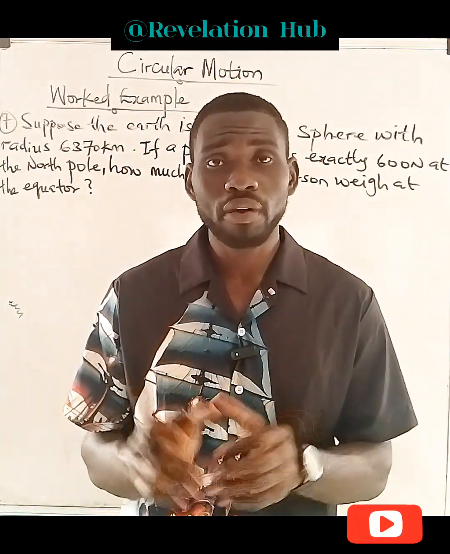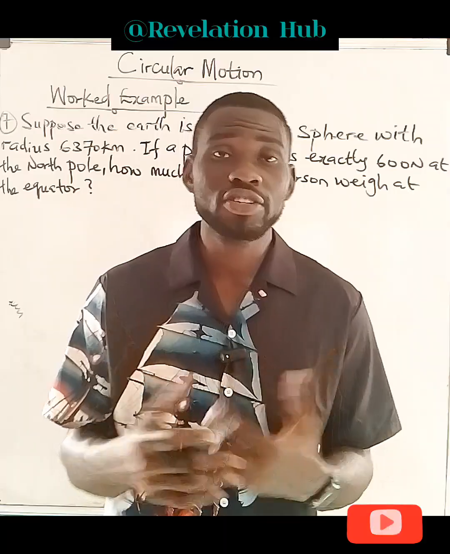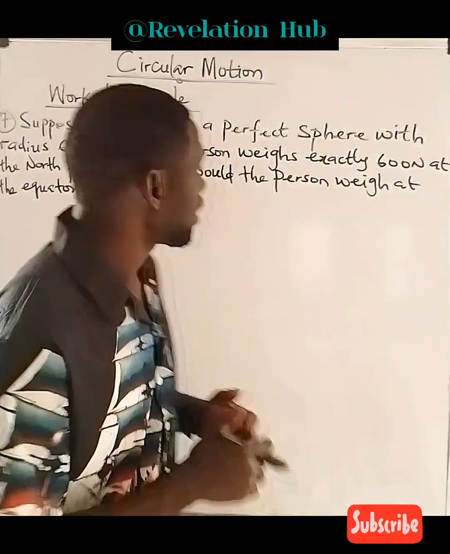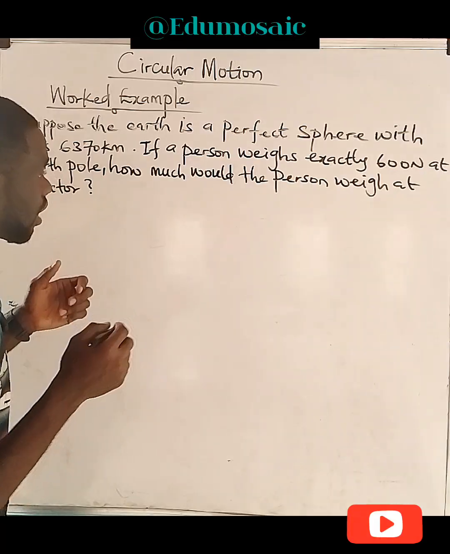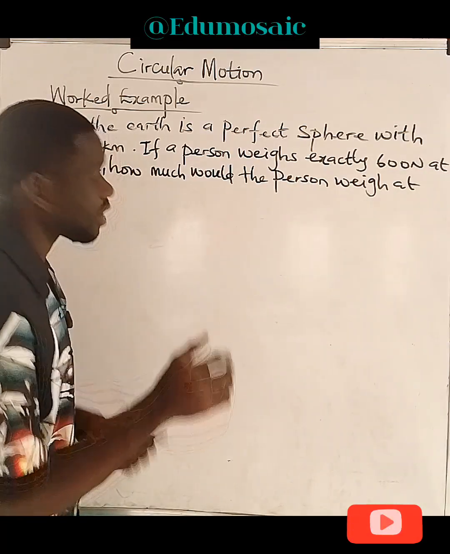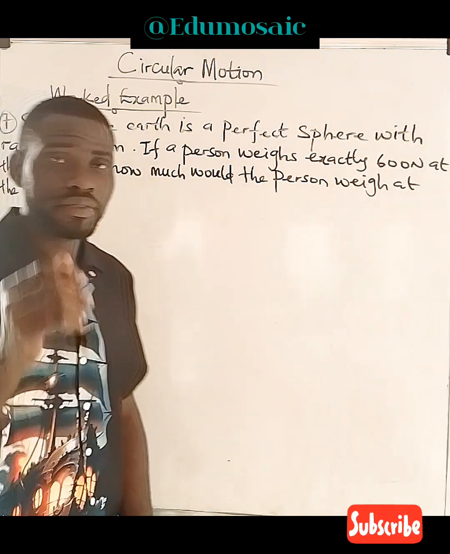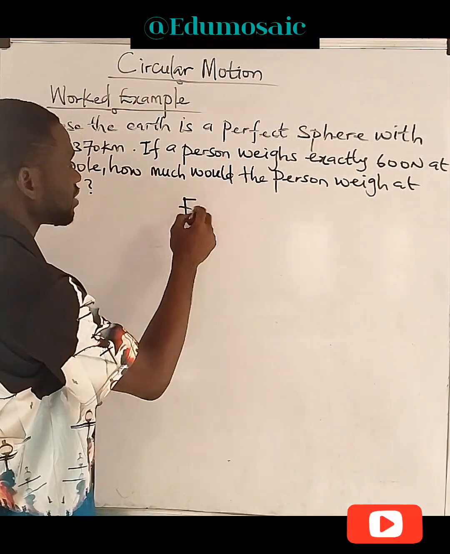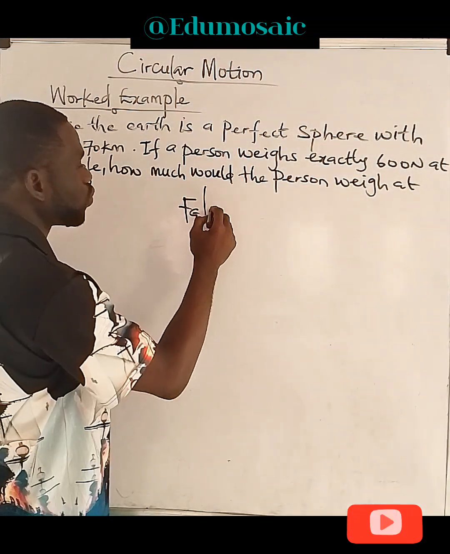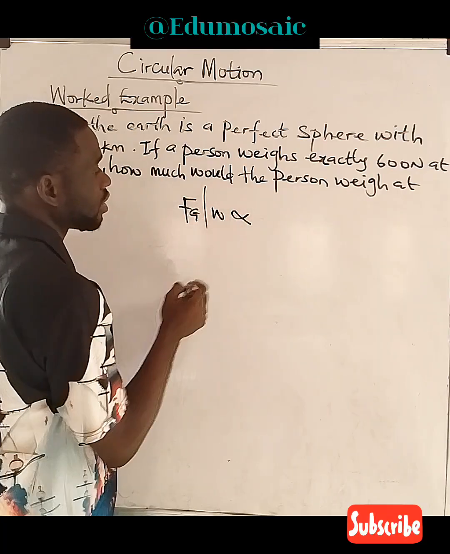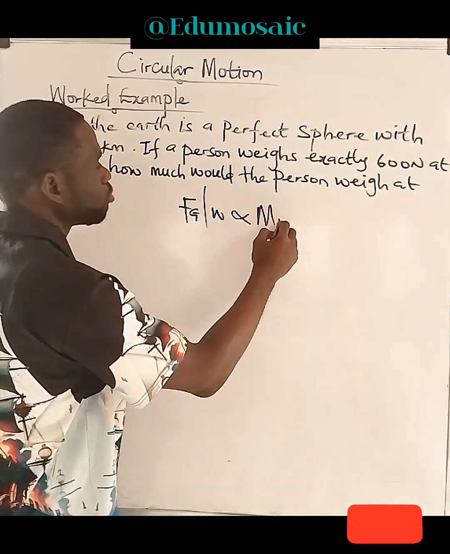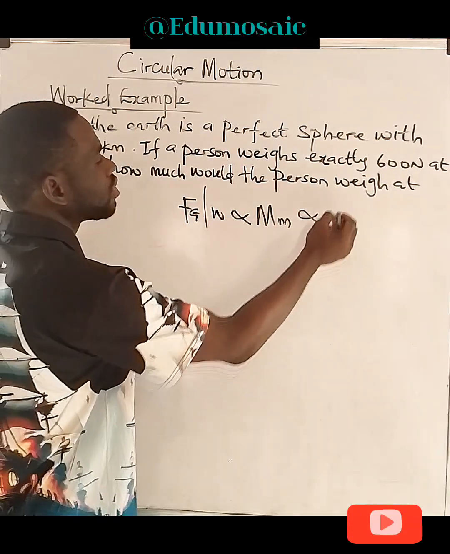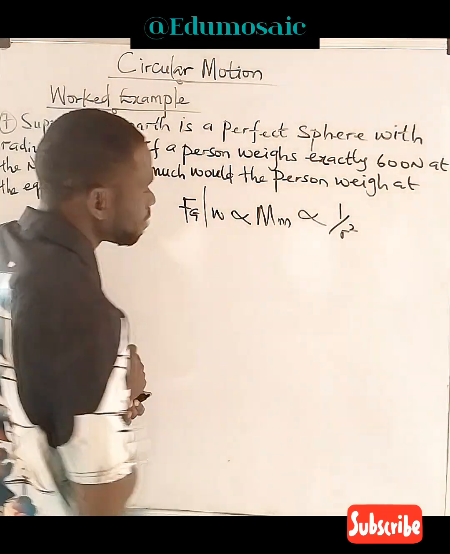So we're going to be doing a couple of quick derivations of formulas involving some of the very relevant terms. According to the great Isaac Newton, he put out a major law known as the law of universal gravitation. He said the force of gravitation, which sometimes can be likened to weight, is directly proportional to the masses of two bodies, the bigger body and the smaller body, and inversely proportional to the square of their distance apart.